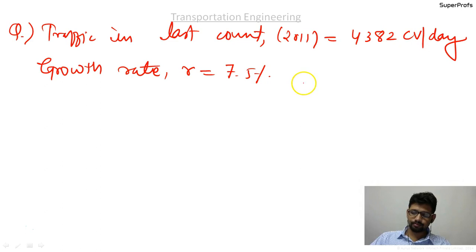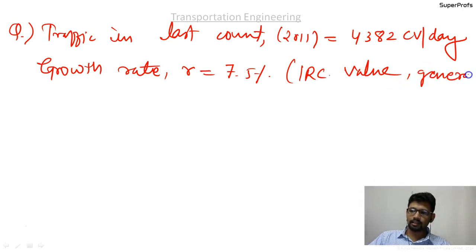This is the IRC value, 7.5%, which is general for Indian traffic.